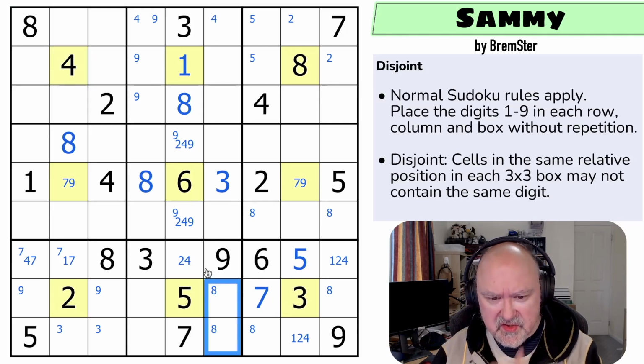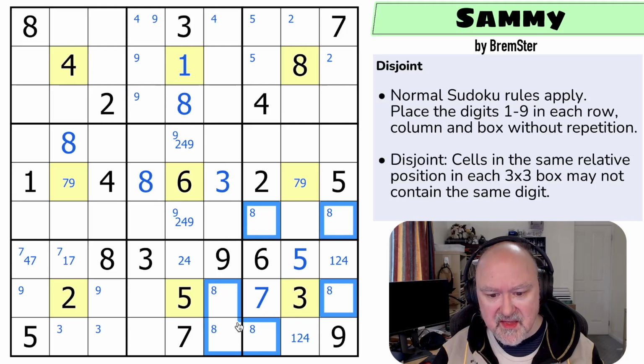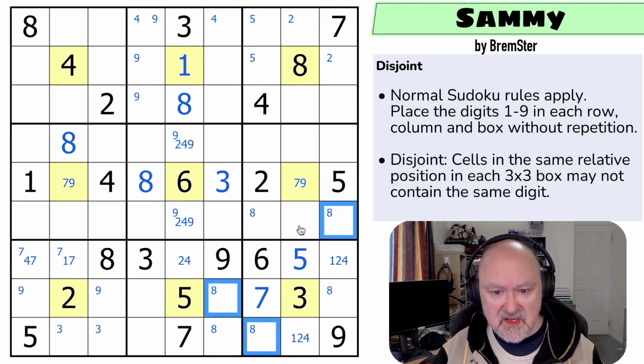I'm pretty certain it's not 8 because I've got 8 down to those two positions, and those two positions. And they all overlap. If it's there, it's there and there. If it's there, it's there and there. And that all just works. Those are in the same relative positions in their boxes. So all of the 8s don't see each other.